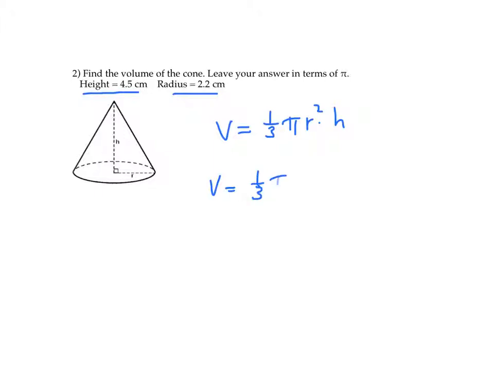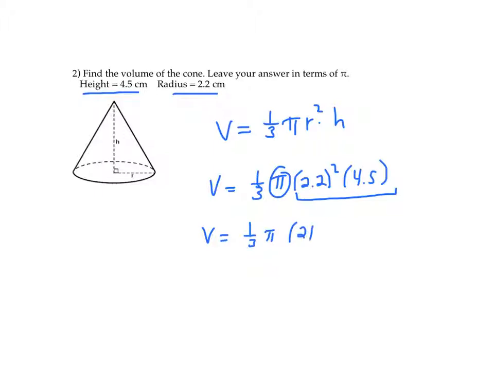So 1/3 times pi times 2.2 squared times 4.5. Now, it does say to leave it in terms of pi, so we don't want to multiply by pi on the calculator, but you can do everything else. Well, let's start with a decimal. So if you did 2.2 and squared it and multiplied it by 4.5, you would get 21.78.